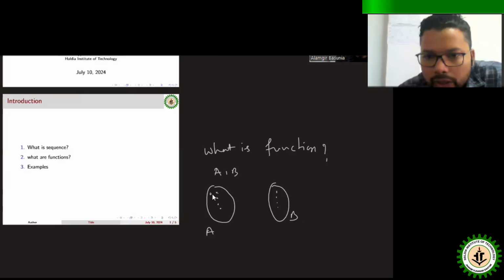Suppose the elements are A1, A2, A3, and the last one A4.